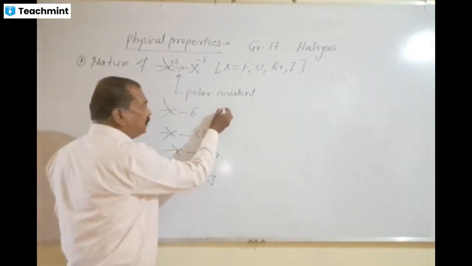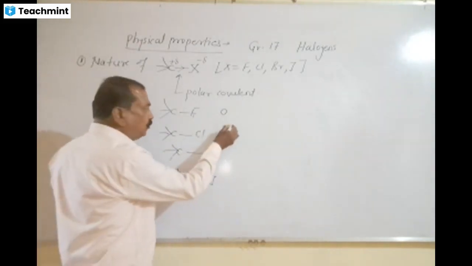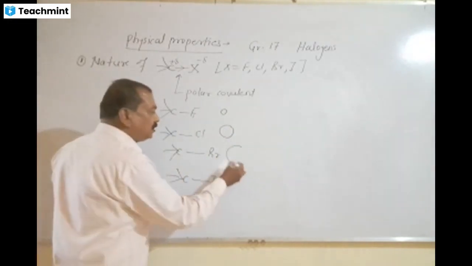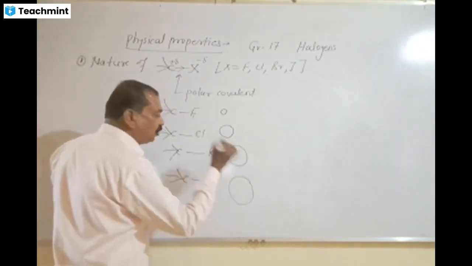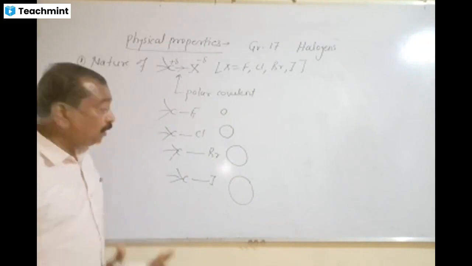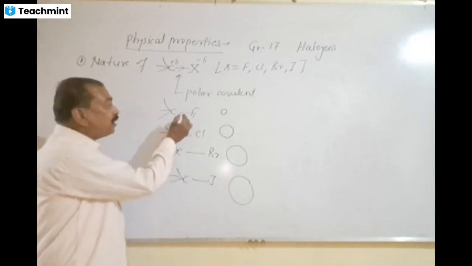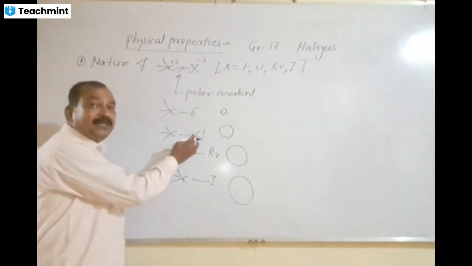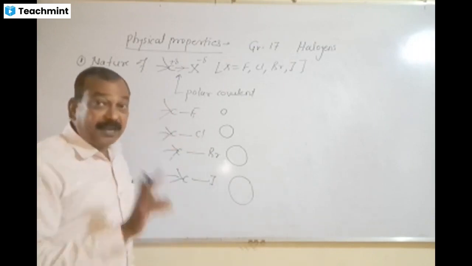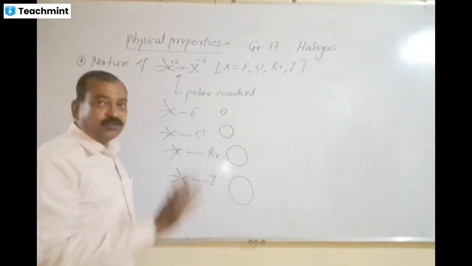Atomic size of fluorine is very small. Atomic size of chlorine is somewhat large as compared to fluorine, and then atomic size of bromine and atomic size of iodine. As atomic size increases, atomic number also goes on increasing from fluorine to iodine. As atomic number goes on increasing, atomic size also goes on increasing.